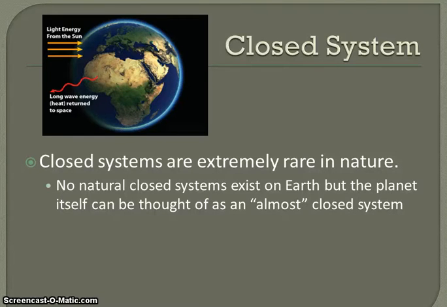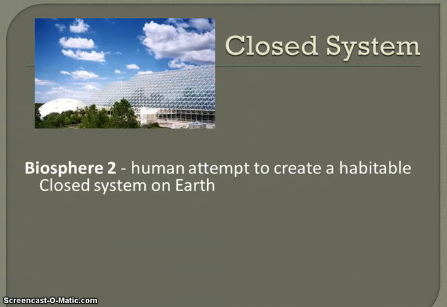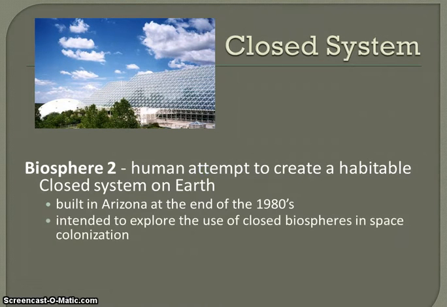Now, on Earth, there are no natural closed systems. We have tried to recreate a closed system. This is a picture of Biosphere 2, which was our attempt at creating a closed system on Earth. It was built at the end of the 80s in Arizona, where there's plenty of sunlight.